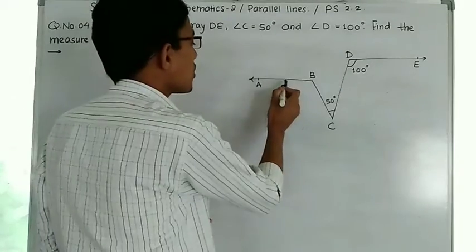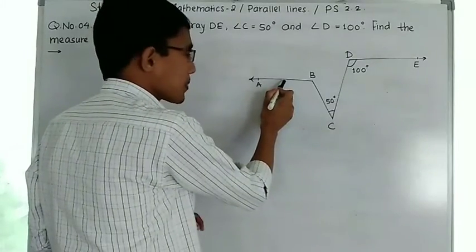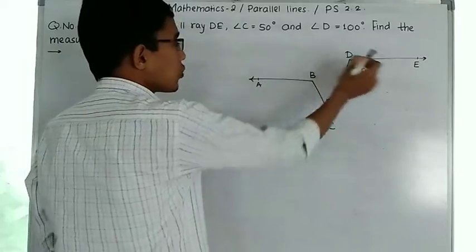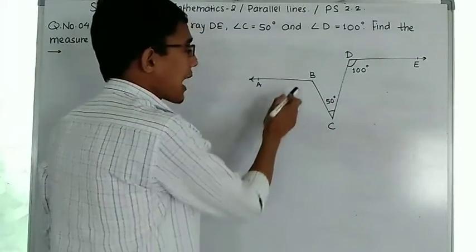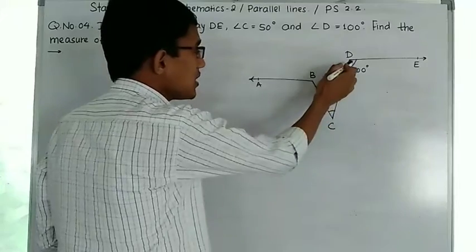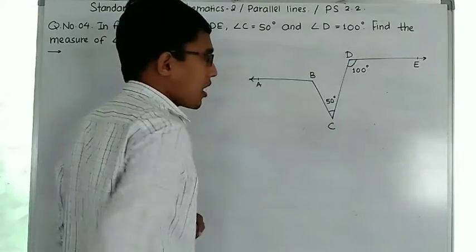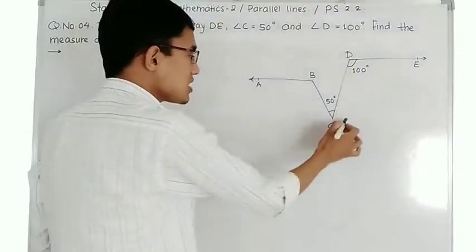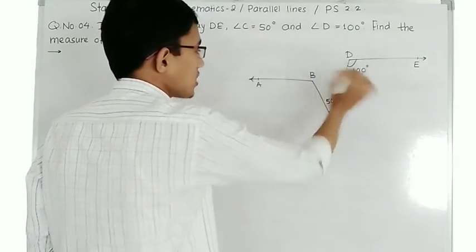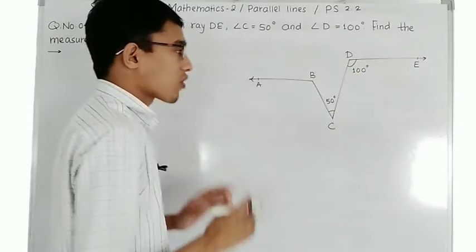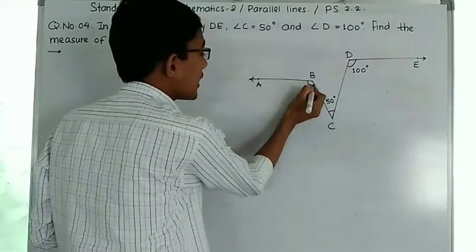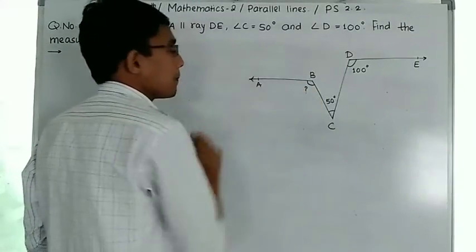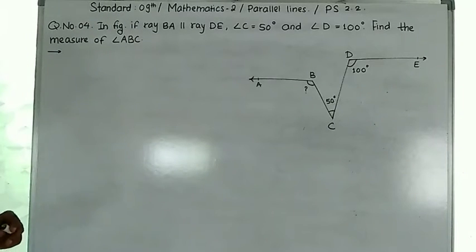That ray AB is parallel to ray DE, angle BCD is 50 degrees and the measurement of angle CDE is 100 degrees. What we have to find is the measurement of angle ABC.